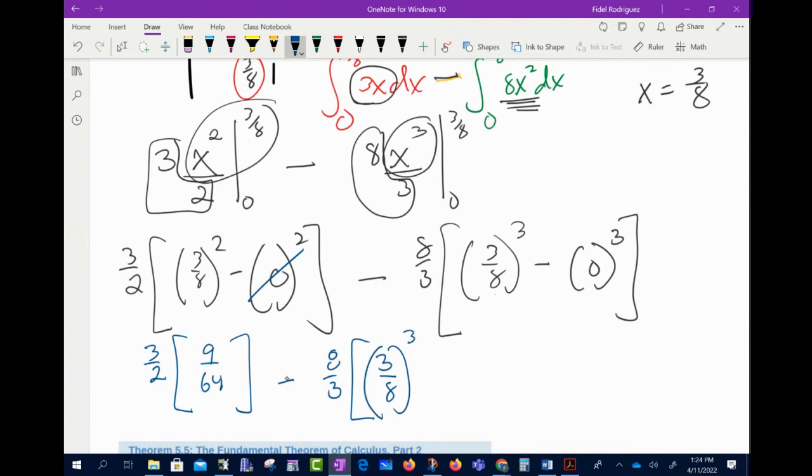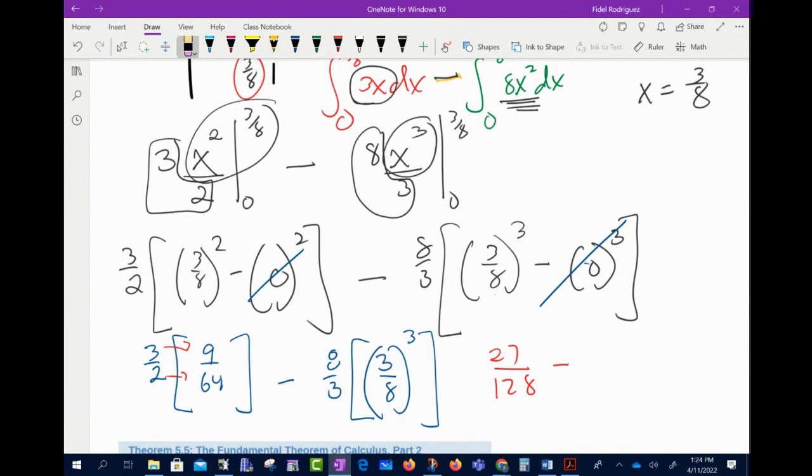I'm actually going to leave it like this, y'all, and I'll tell you why. Isn't that one going to go away too? The 0 to the third? Okay. Let's see if we can do some simplifying here. Let's multiply straight across. 3 times 9? 27 over 64 times 2 should be 128.